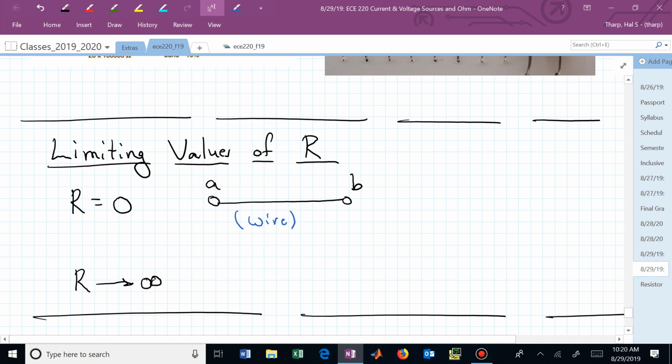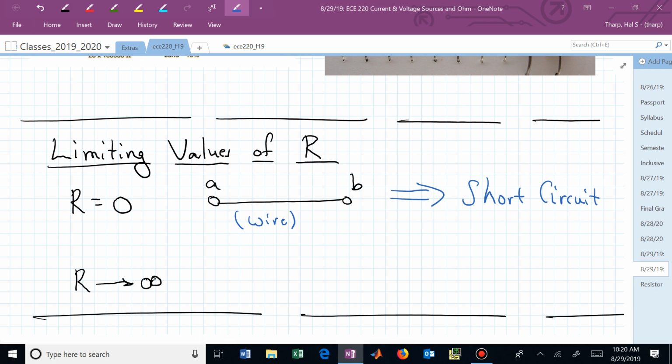So in this case, we now have what is called a short circuit. And if we now said R goes to infinity, what does that look like if we draw that resistor between node A and node B? There's nothing in between. It's an open circuit.